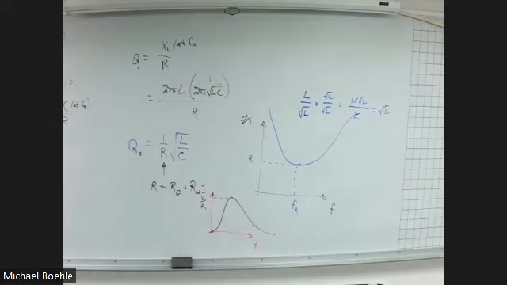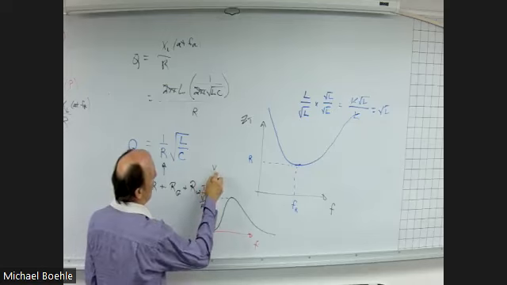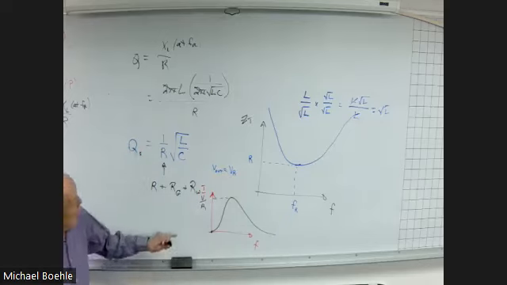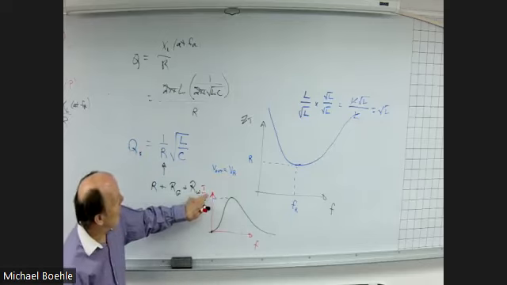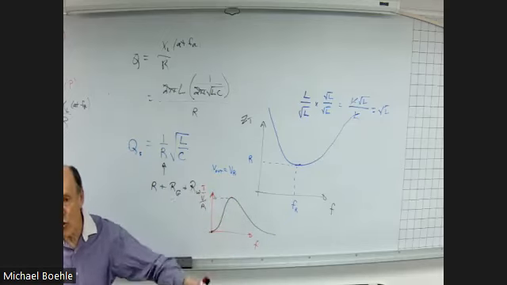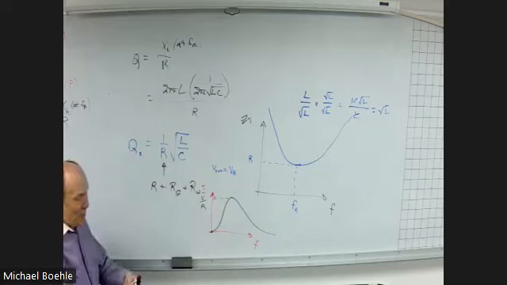Now, for those of you in the morning class, if this is the current, and if I look at the output voltage as being the voltage across the resistor, then you take this curve of current, multiply it by R, and it becomes a voltage, but it remains the same shape. What kind of filter is that? Take this maximum.